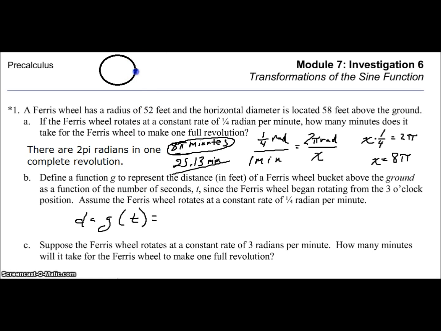Notice that we have an initial height of 58 feet. So sine of 0 is 0, but we have to start out with 58.